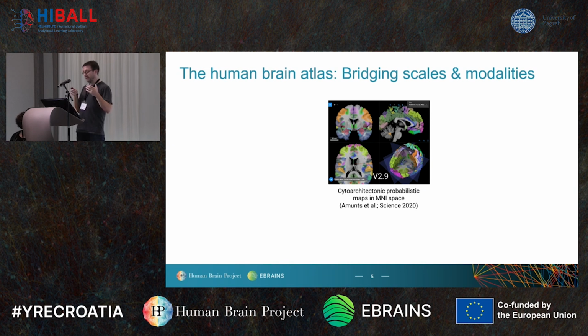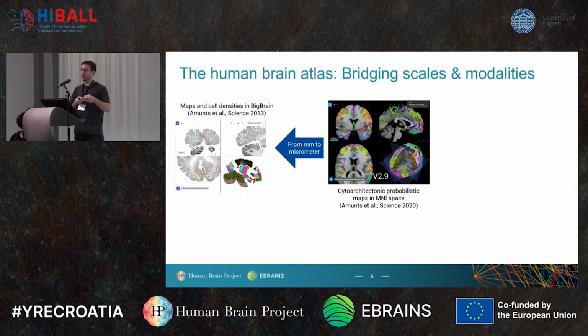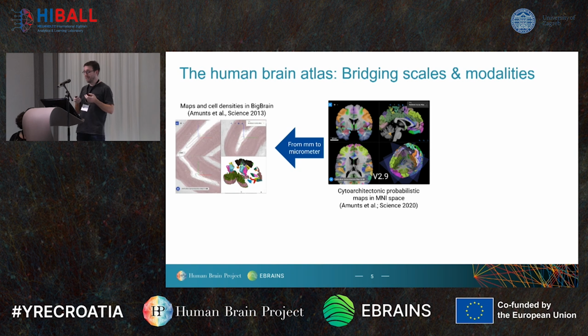And the idea is that we really want to build a multi-scale and multimodal atlas that spans across spatial scales and modalities. So if we start with the cytoarchitectonic maps, where we have probability maps that capture variance, we have built a system where you can from there also switch to the individual BigBrain space, which has microscopic resolution, so a much higher degree of detail. And here you can see the same regions mapped, but you can zoom in and you can see cortical layers, individual cells.